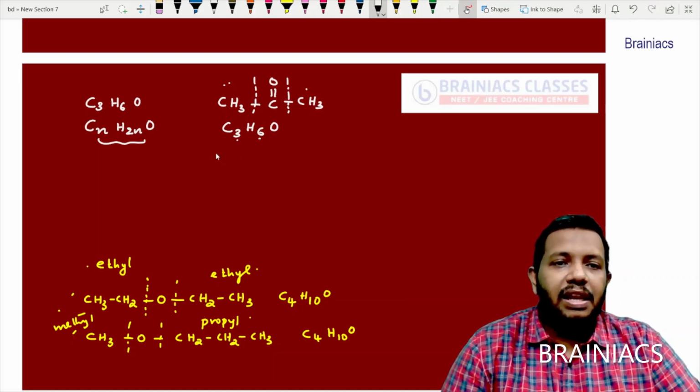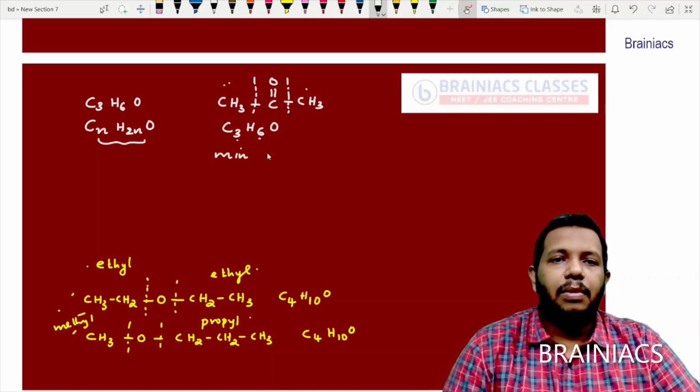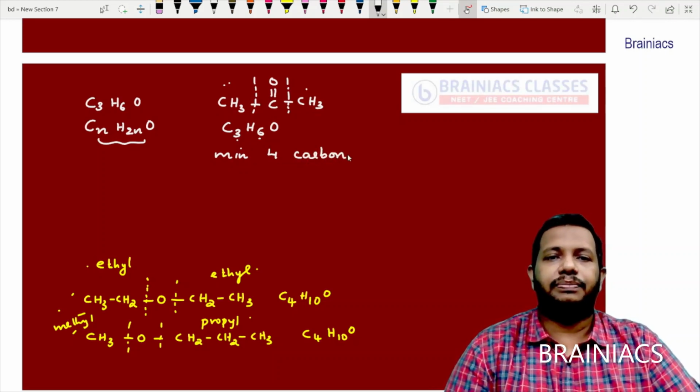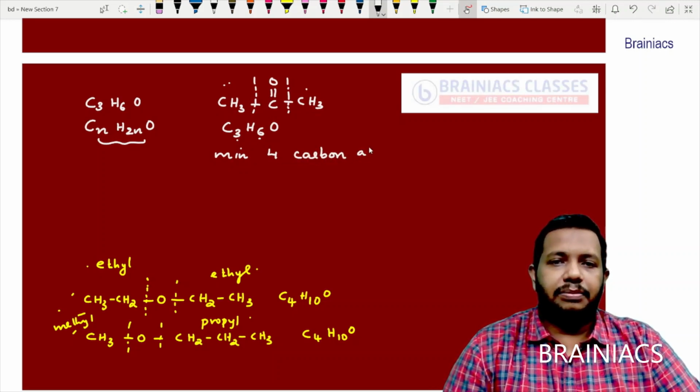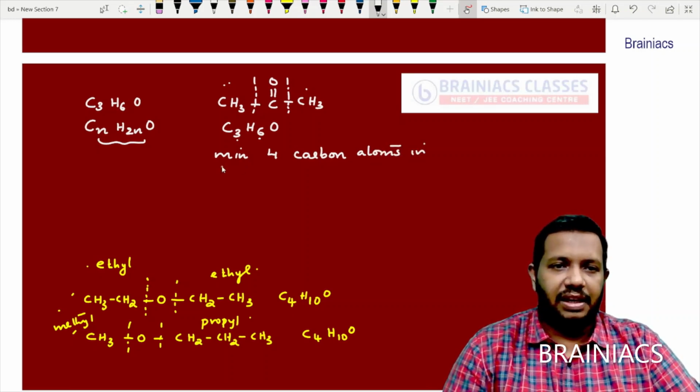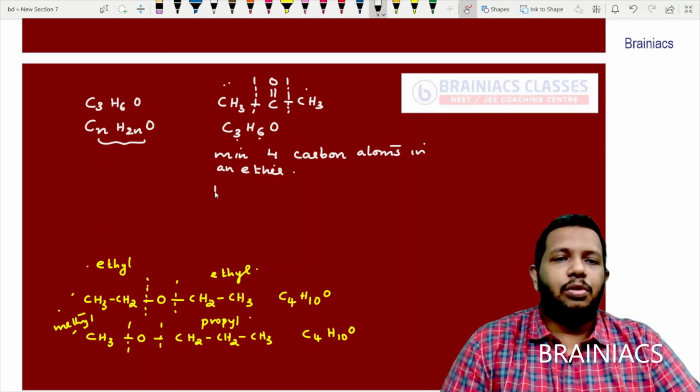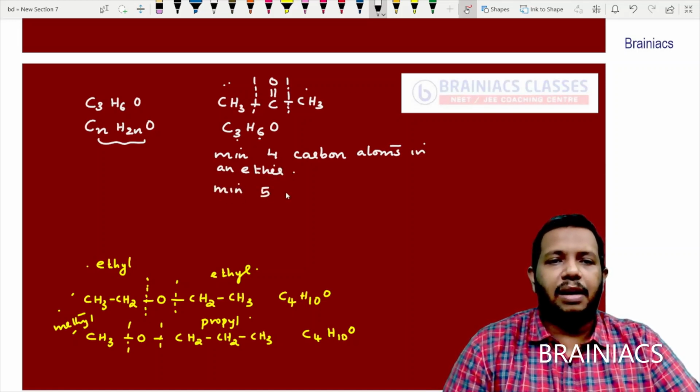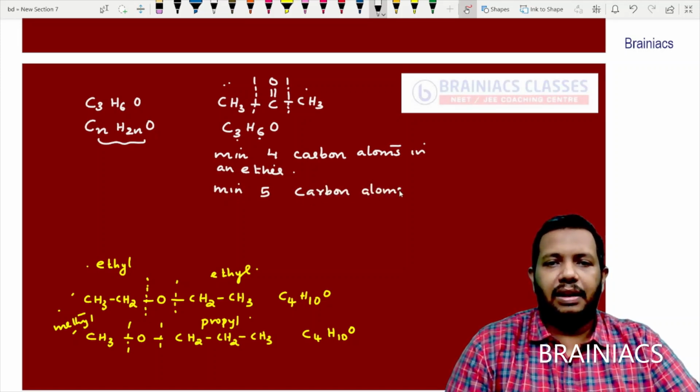So you can remember one more thing. You should have a minimum of 4 carbon atoms in an ether to show metamerism, and you should have a minimum of 5 carbon atoms in a ketone to show metamerism.